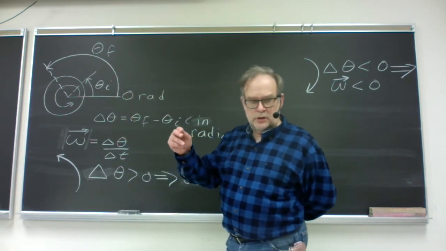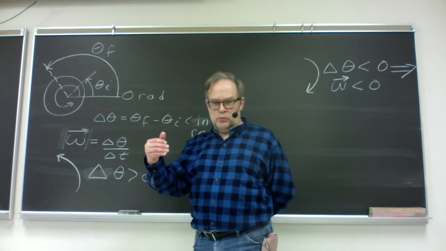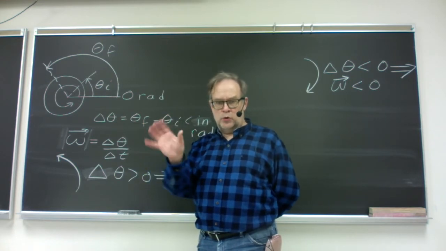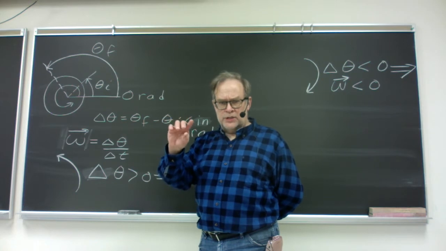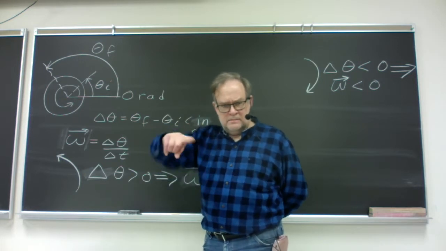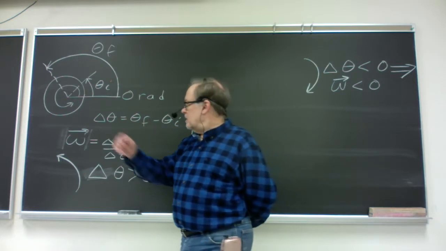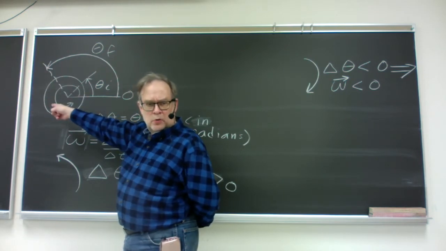And now think just a little bit about direction of angular velocity. We'll consider only simple cases where the rotating object always rotates around the same axis of rotation. The rotation axis doesn't twist around. The rotation axis here is always going to be perpendicular to the blackboard.